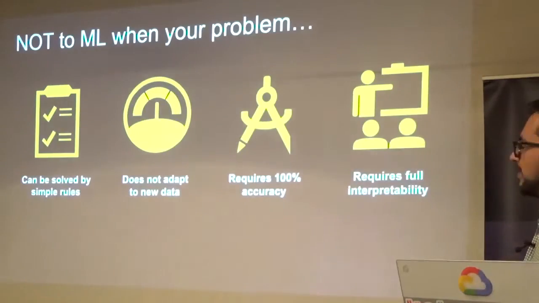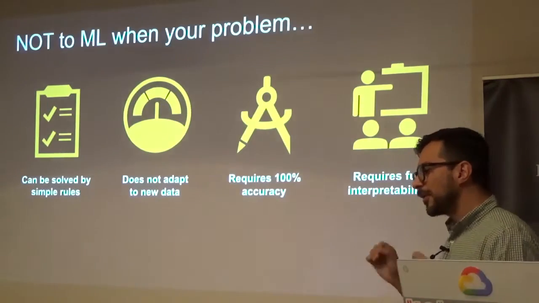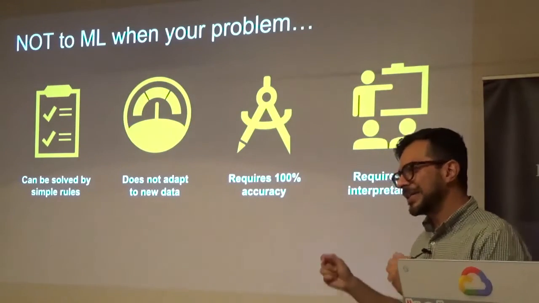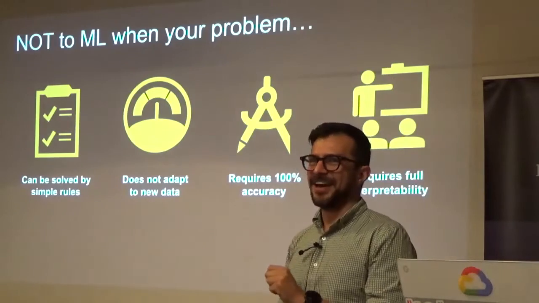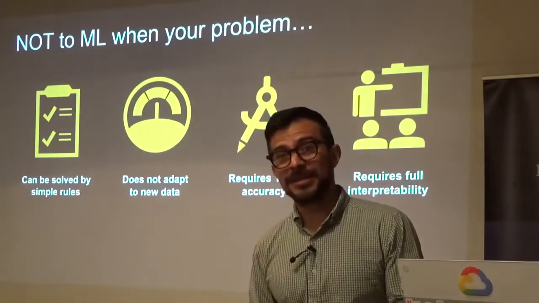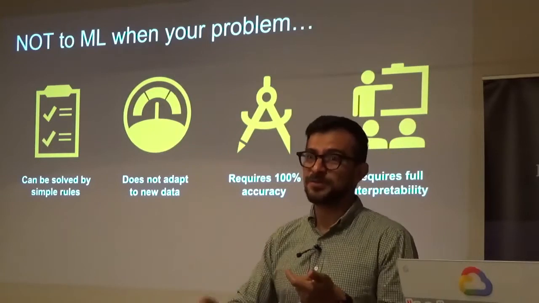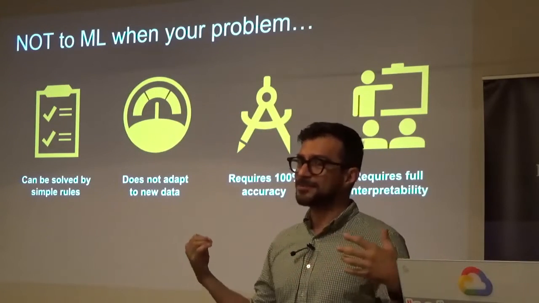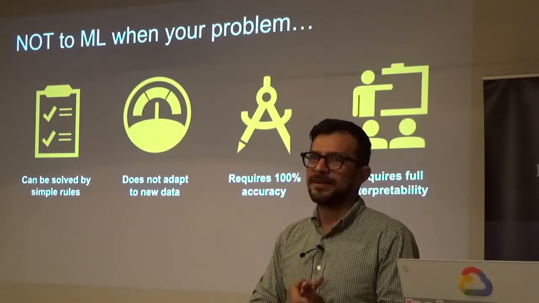And the other one requires full interpretability. Are you okay with not exactly knowing why something happened? And that's big, right? That comes from recommendations, from search, for all these things where people say, hey, this is what the machine learning model said. I want to know exactly what happened.